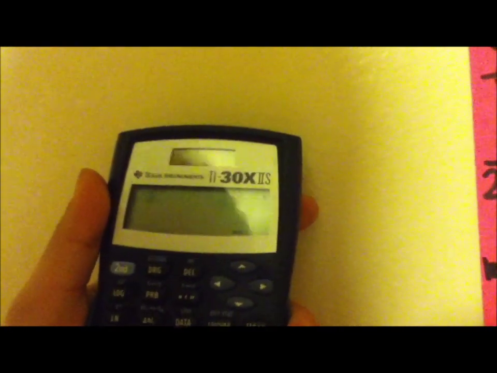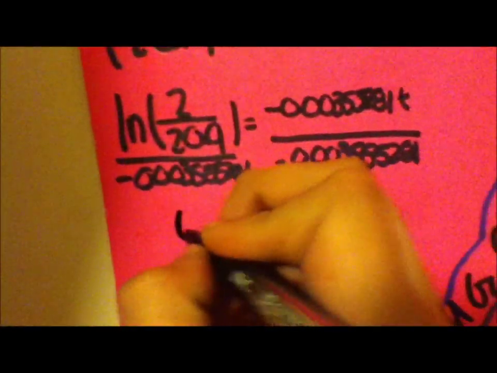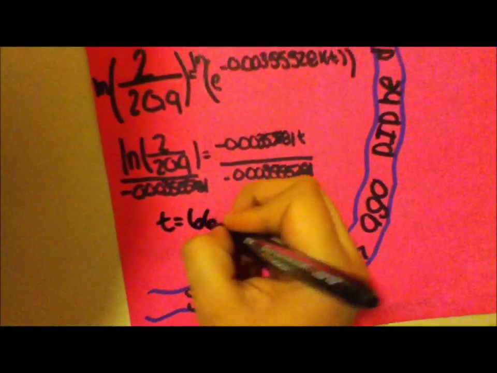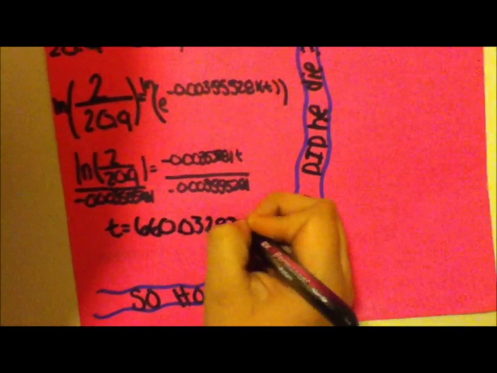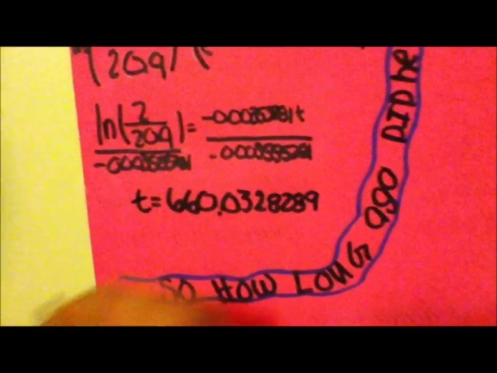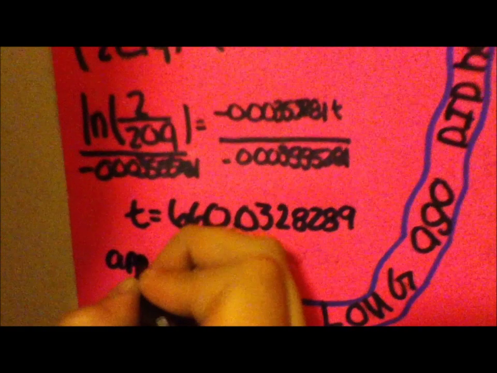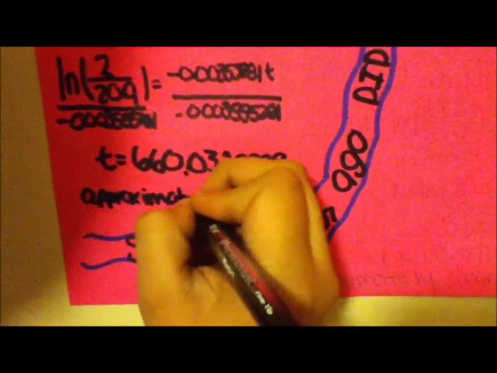Then we divide by this number we had already stored as a, equals t equals 660.0328289, or approximately 11 hours.